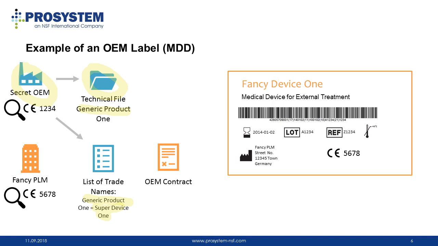You've got the address and the name of the PLM in the labeling. And it is also visible the notified body of the PLM and not of the OEM. So this is the current situation. On your final product, the OEM will never be visible to the final customer.